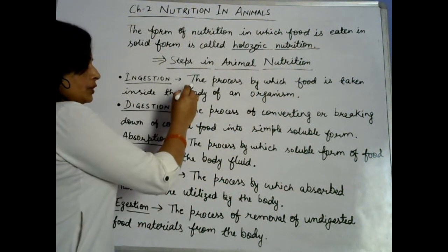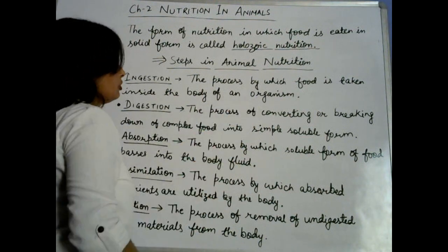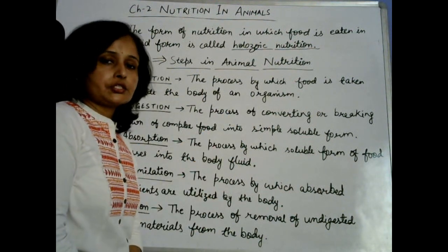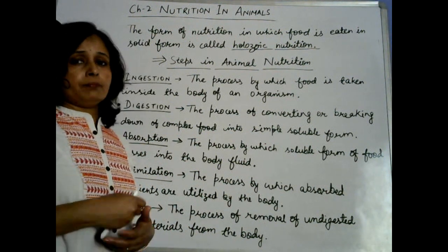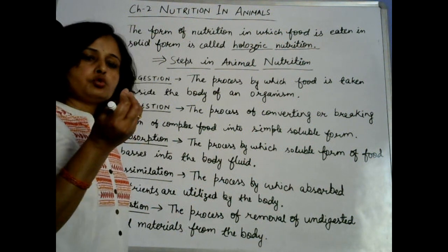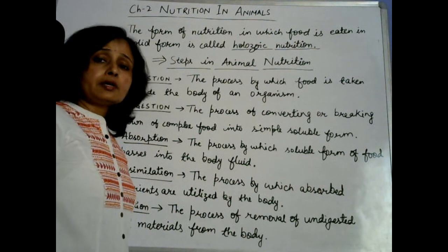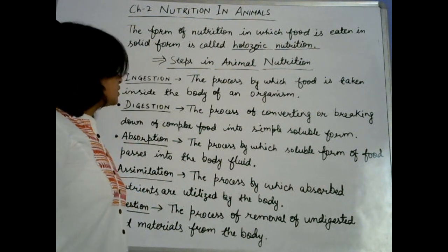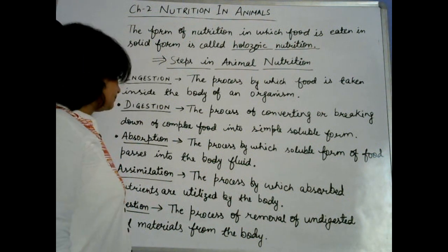So ingestion means when we take in food inside our body. As we discussed, we humans take in food by using our hand inside our mouth. Just like that, different kinds of animals have different organs for ingestion. Some animals use their mouth directly to take in food.